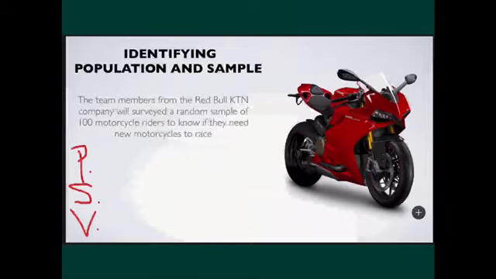So right here on population you have to write down the motorcycle riders from the Red Bull. Now the sample. What is the sample? How many? Well, the sample will be 100 motorcycle riders.